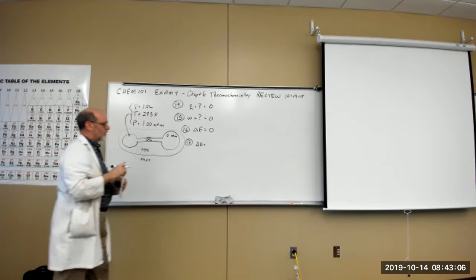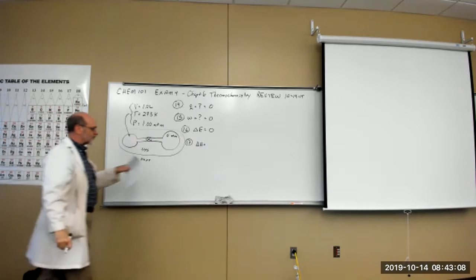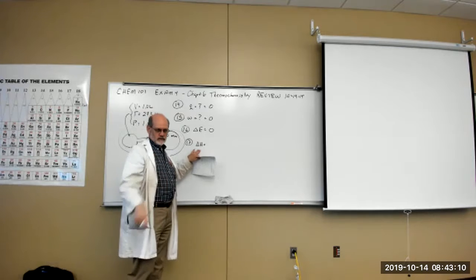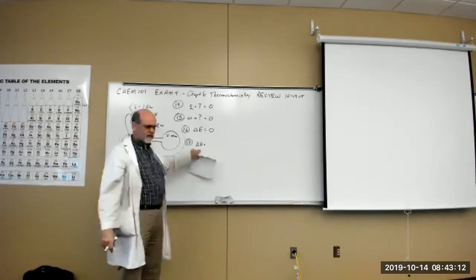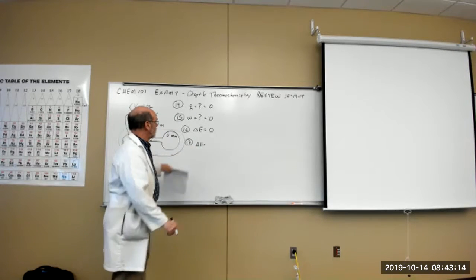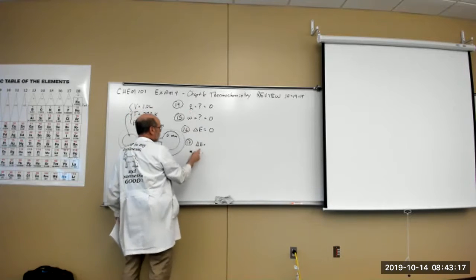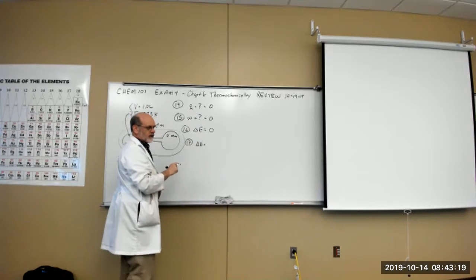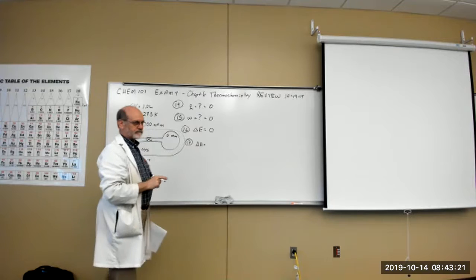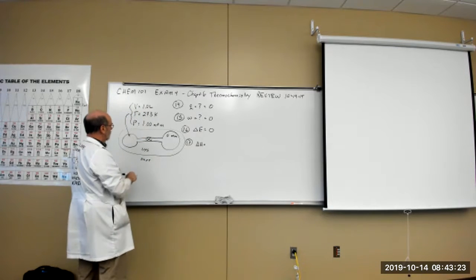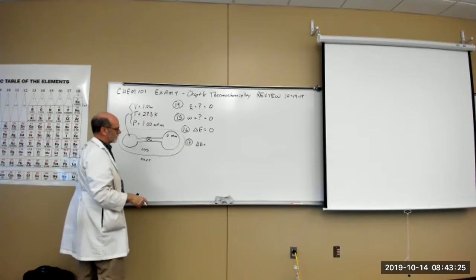I got to this discussion in the video, I think. The only time where Q and delta H are equal is when pressure is held constant. And the pressure is constant at 1 atmosphere.